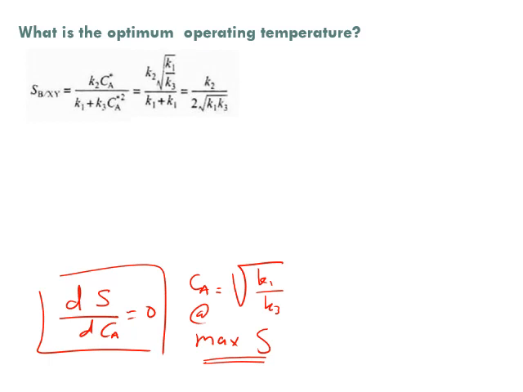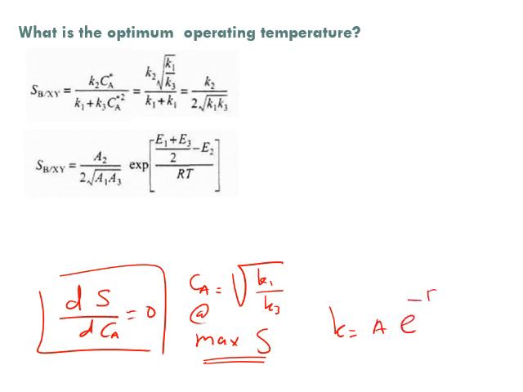Now we have this equation. You know that K can be written as a function of temperature using the Arrhenius equation, K equals e to the power minus E over RT. So we did that and simplified it. We wrote this for K1, K2, and K3, and we got this relationship.